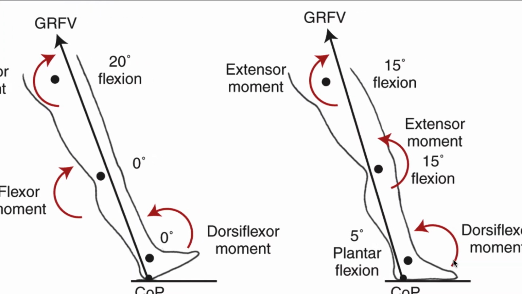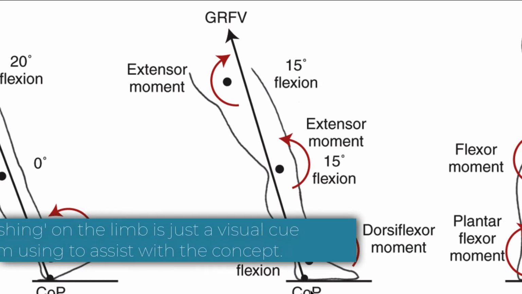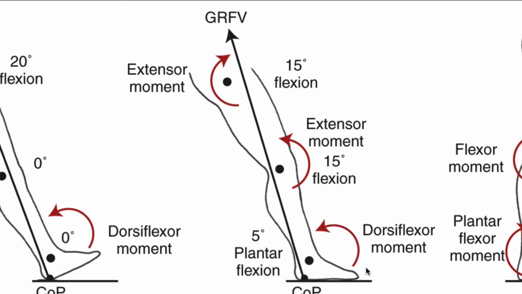All right, so then a similar thing for loading response. We still have the ground reaction force vector behind the ankle, pushing us into plantar flexion. And so that creates a dorsiflexor internal moment. Our dorsiflexors are coming on.